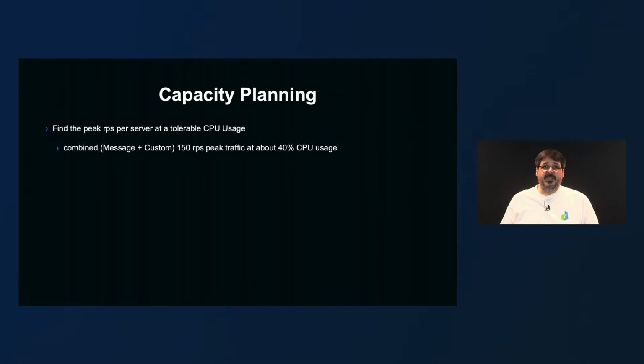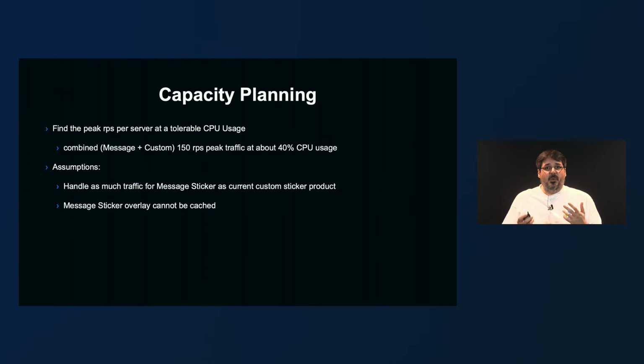But then we had to make some assumptions on the overall expected traffic. For example, we assumed that we would handle as much traffic for message sticker as for the current custom sticker product. We also had to take into consideration that while custom sticker overlay can be cached in CDN due to its own specification, we cannot use caching for the message sticker due to the security requirements and the encryption in the call from the client.